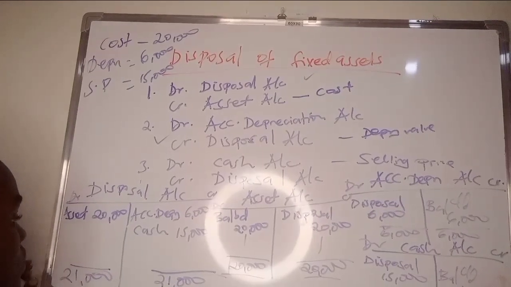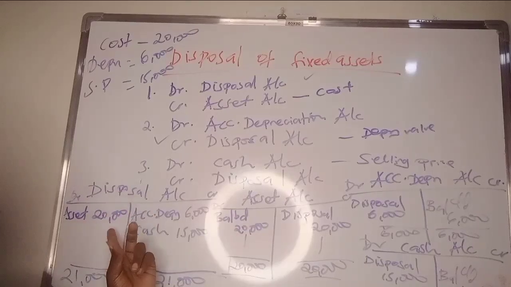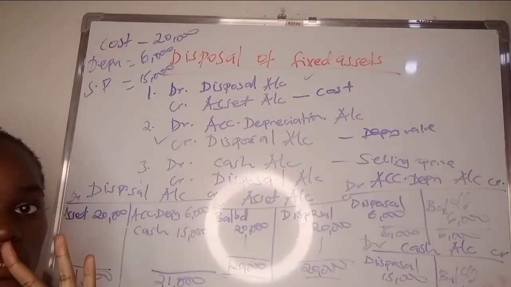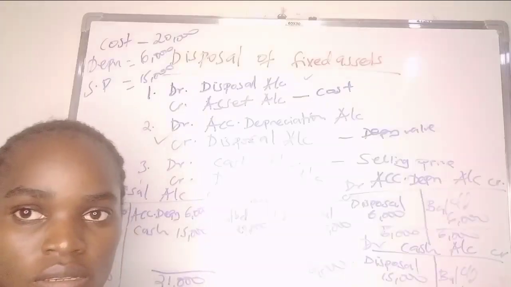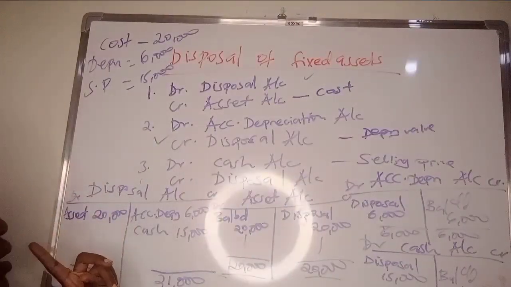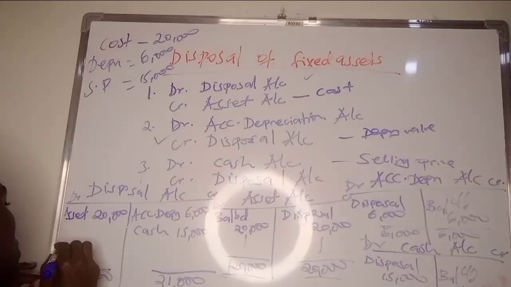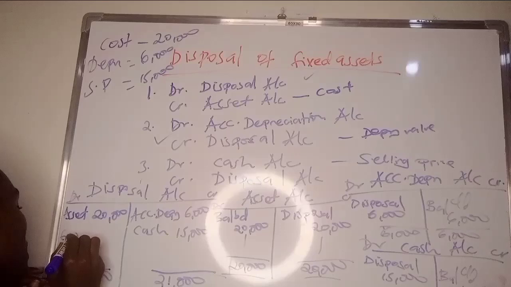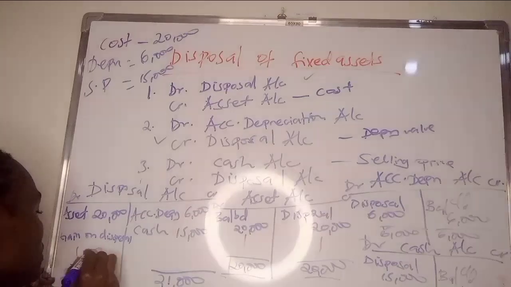Since the credit side is greater than the debit side, it means that is a profit. If the debit was greater than the credit, it would have been a loss. So this will be a gain on disposal. 21,000 minus 20,000, a gain on disposal of 1,000.